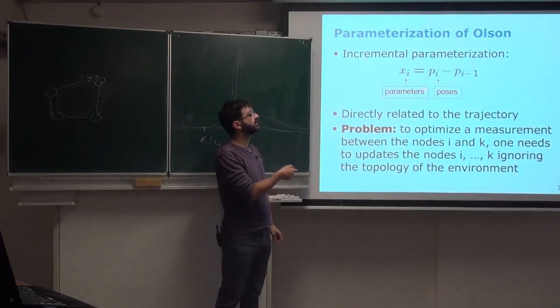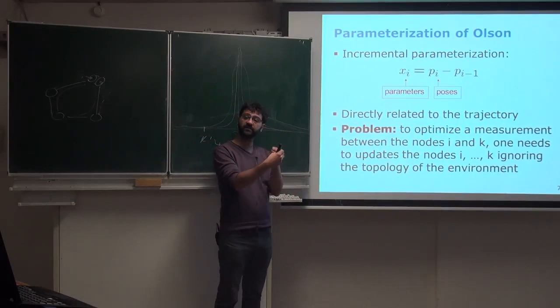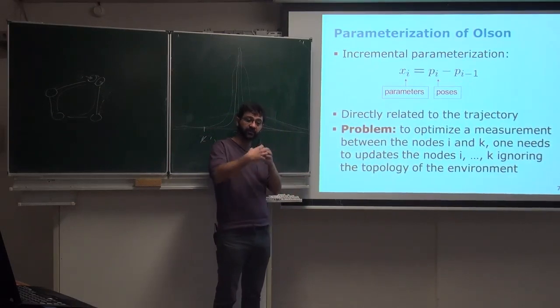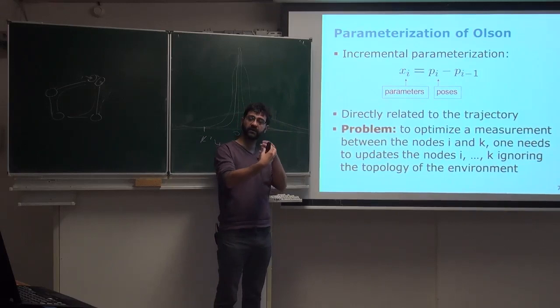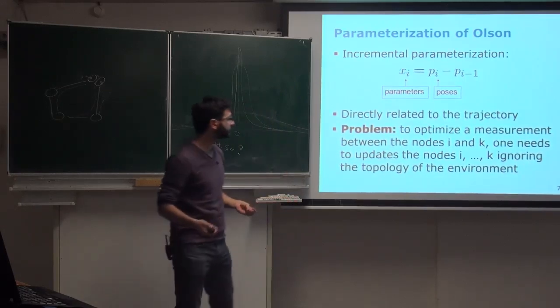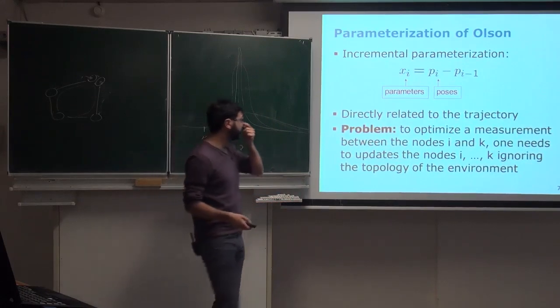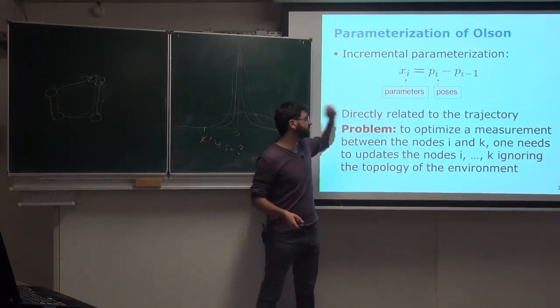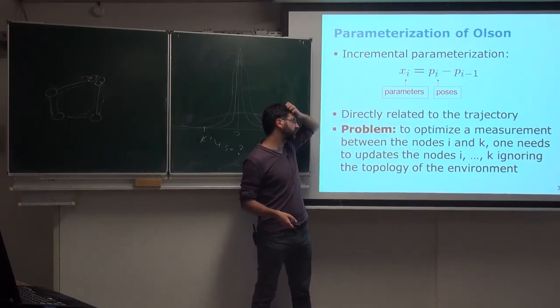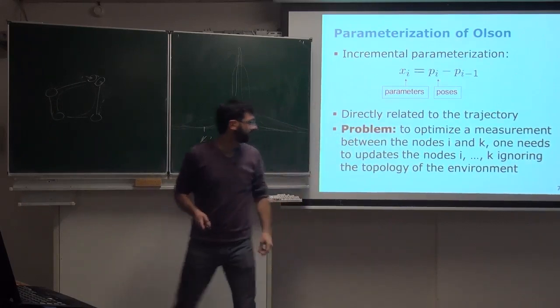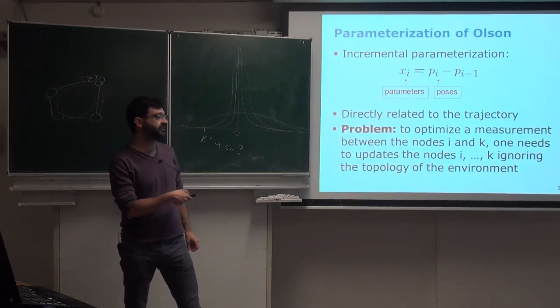And the reason is also that if these are very close in space and time, the real transformation is very small and very close to a subtraction. Now, it's related to the trajectory, and the only problem is that you somehow ignore the topology.